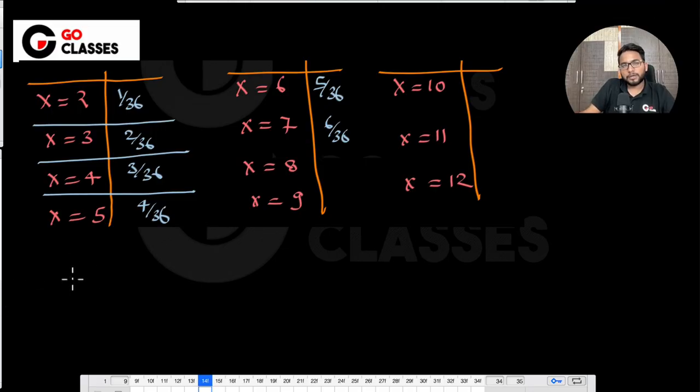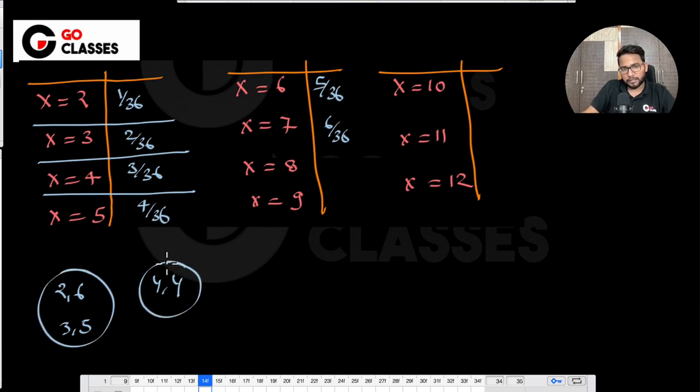X will be 8 whenever you have 1 comma, okay, with 1 you can't have anything, so you have to have 2 comma 6, 3 comma 5, 4 comma 4, right? And then 5 comma 3. Okay, so 2 and 2 gives 4 possibilities, and this is 1. Again 5 by 36. This is not increasing in that way, so it is 5 by 36. Okay, cool. And what about 9?